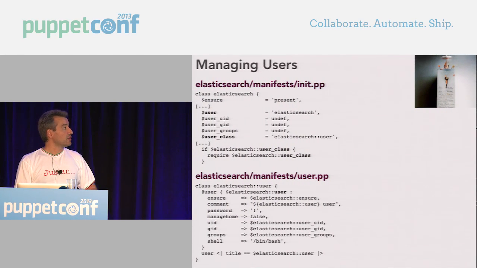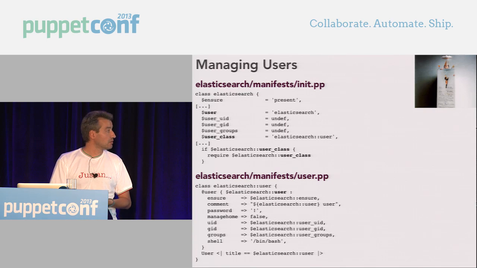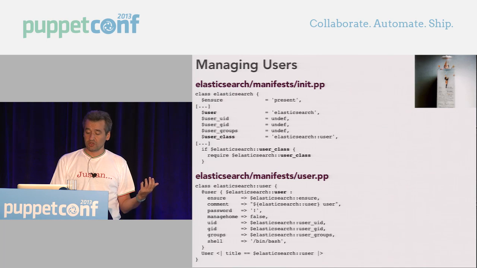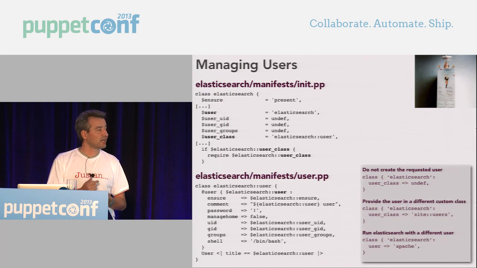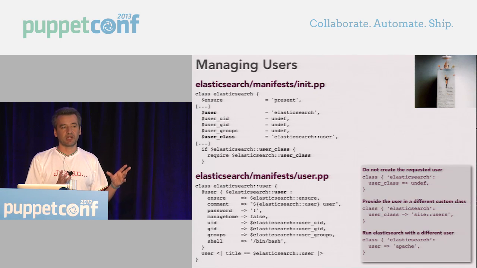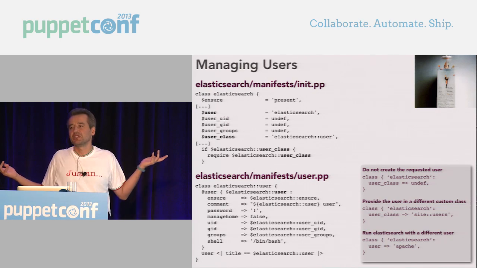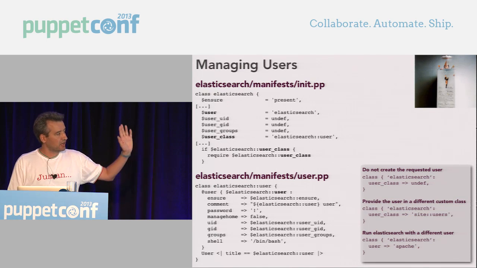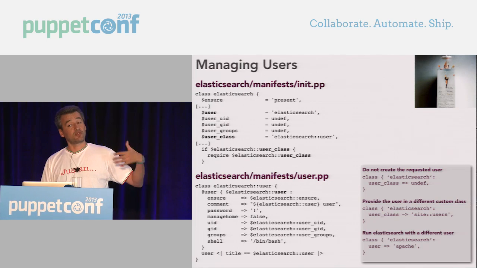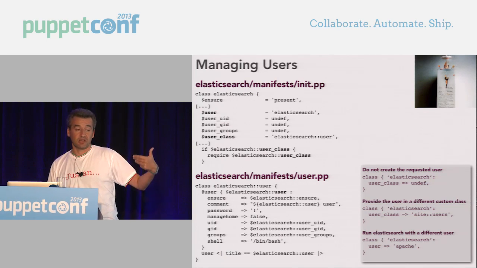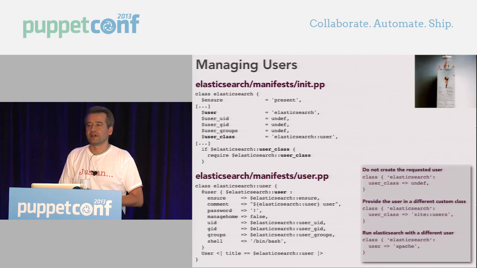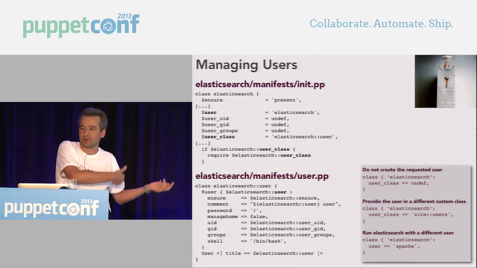You can have a user parameter and, for example, a user class, the name of a class where the user is managed. So whoever uses the module can define an alternative class where the required user is created in their own way, or just set no class, so the module avoids creating the user, and leave, for example, LDAP users and something like that.